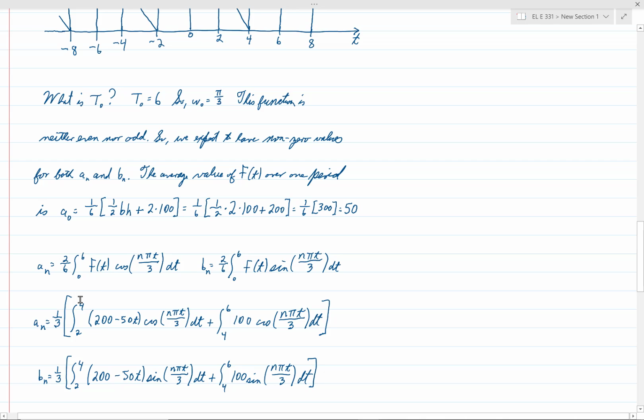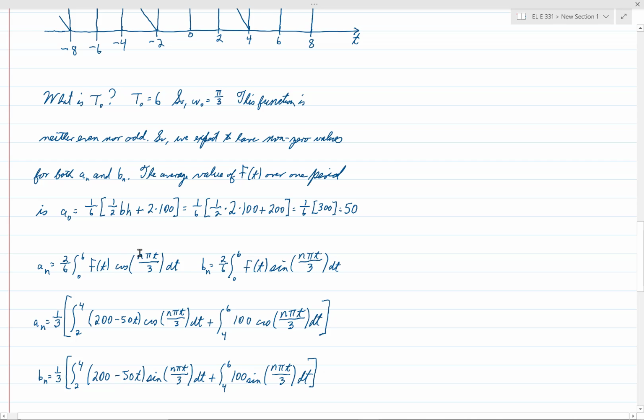Okay, now our formulas for A_n and B_n. When we plug into the formulas we saw at the beginning of the lecture, the formulas in Table 5-3, we get 2/6, because it's 2 over T naught, times the integral from 0 to T naught of f of t cosine of n pi t over 3.